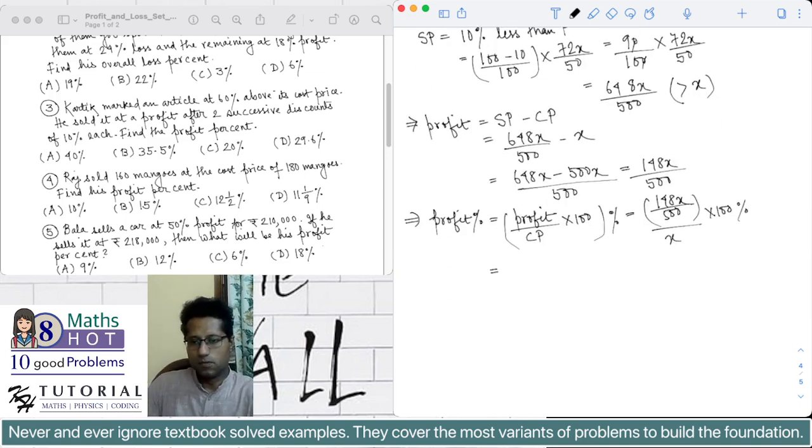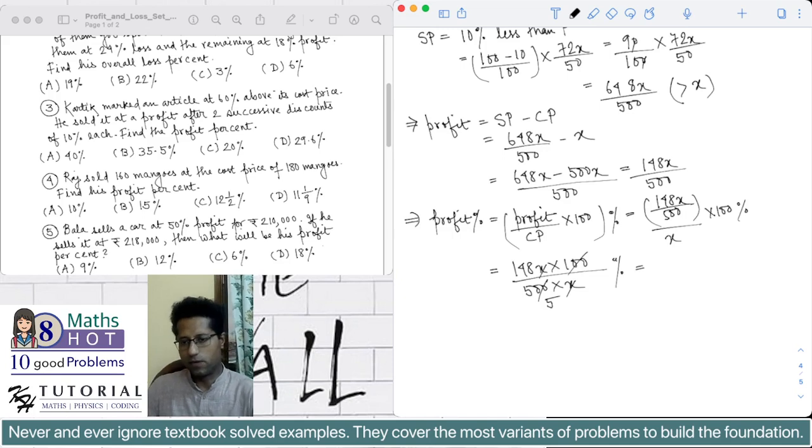This is equal to 148X multiplied by 100 divided by 500 multiplied by X. 100 divides 500 with 5, X cancels out, and this is 148 by 5. 148 by 5 is how much? 29.6.